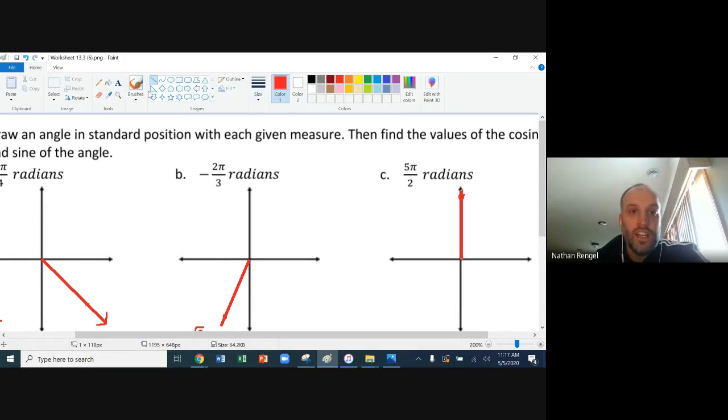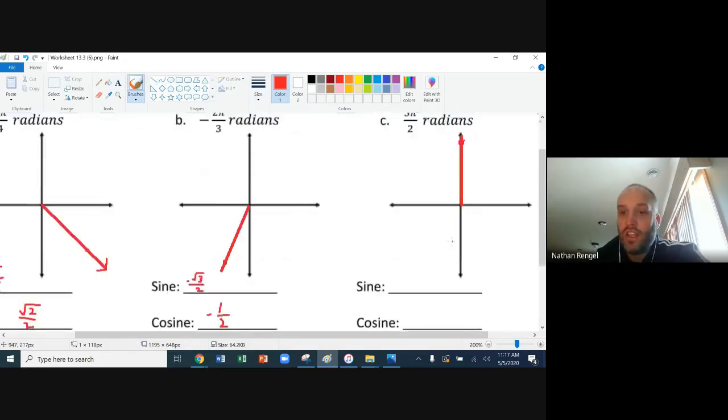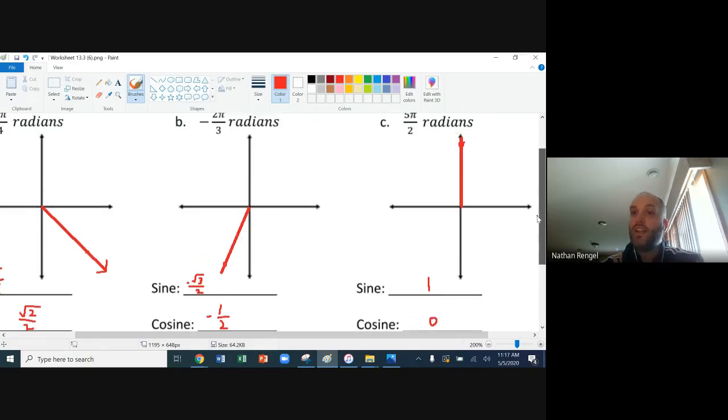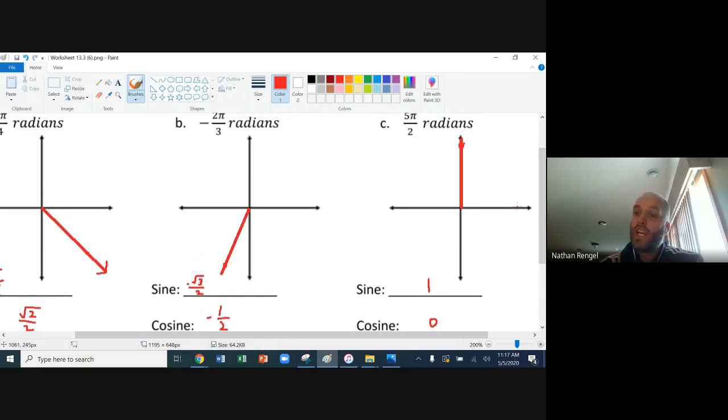And sine and cosine at that, I like that because that's just going to be a sine of 1, a cosine of 0. So there's going to be our position. 5 pi over 2 would be a full 2 pi because 4 pi over 2 is 2 pi. And then to make it 5 pi over 2, we're adding on another pi over 2, which is going to bring us to right there.